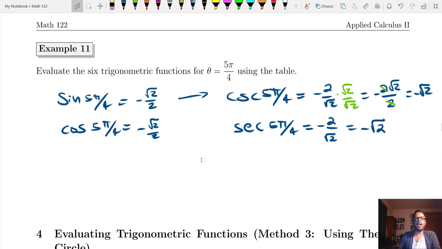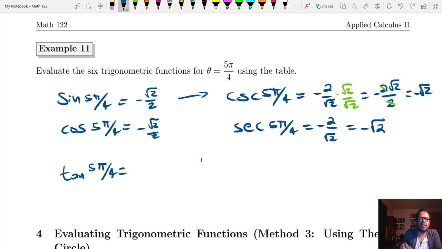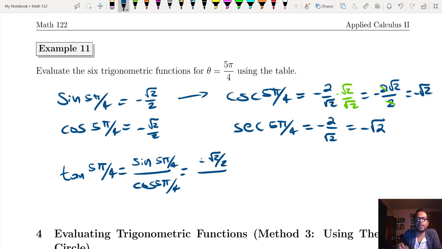Now the only ones left to evaluate are tangent and cotangent. Tangent 5 pi over 4, by definition, is sine over cosine. So this will be negative root of 2 over 2 divided by negative root of 2 over 2. But we are essentially dividing the quantity by itself.